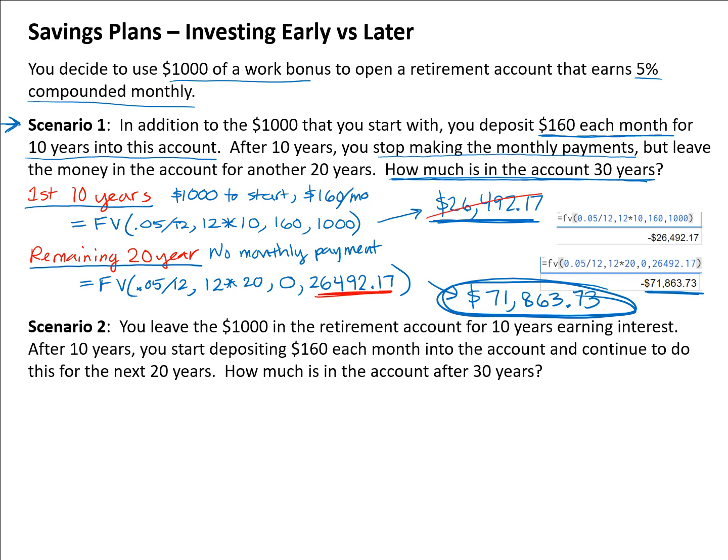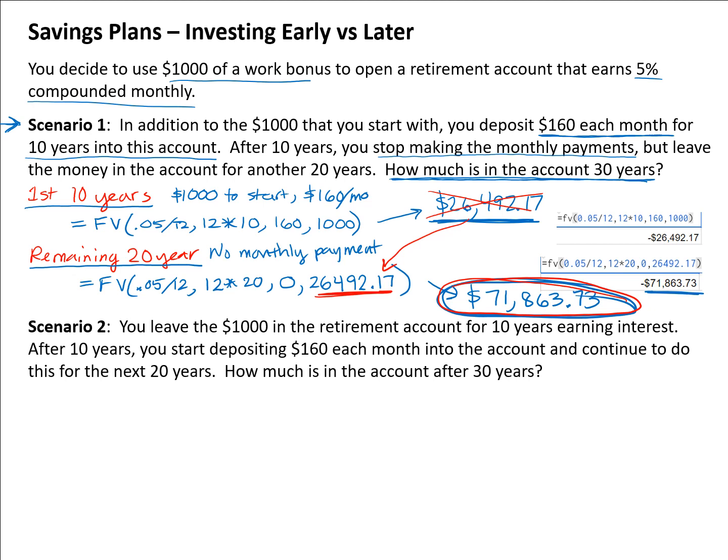So we don't need to think about that anymore. Our total amount in 30 years does include all of those deposits, that initial amount, and every amount you've earned over the course of the time period. So that $71,863.73 is what we now have after 30 years.